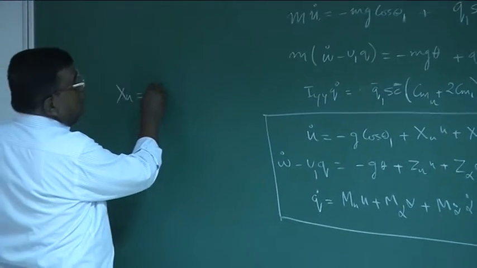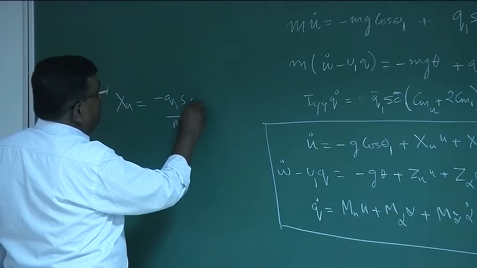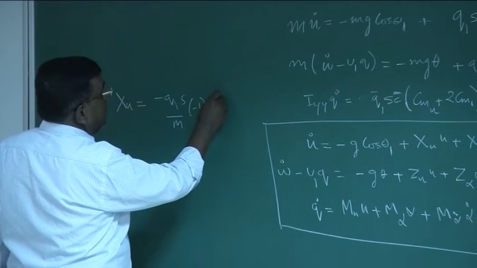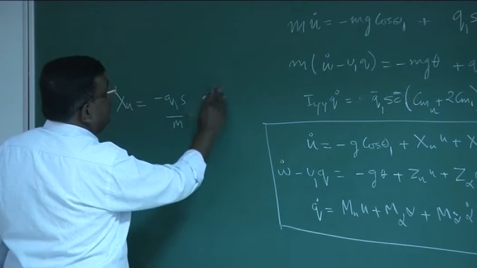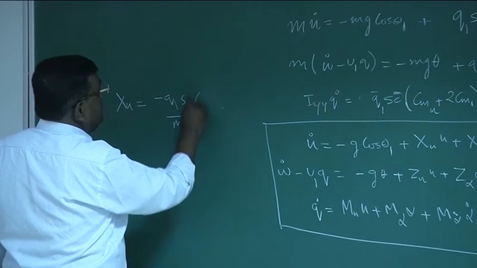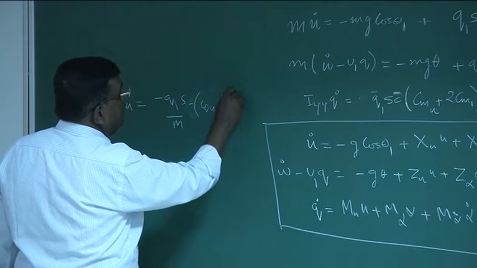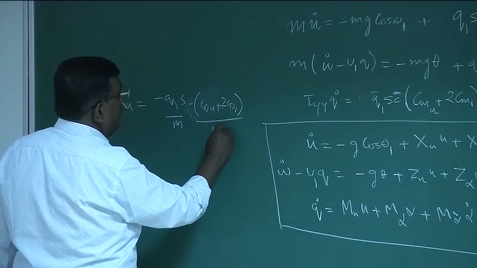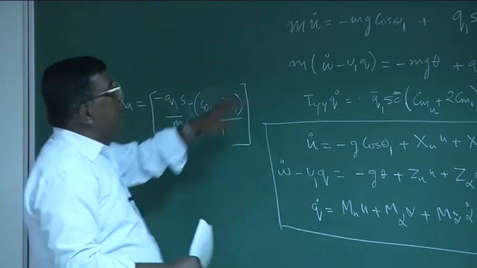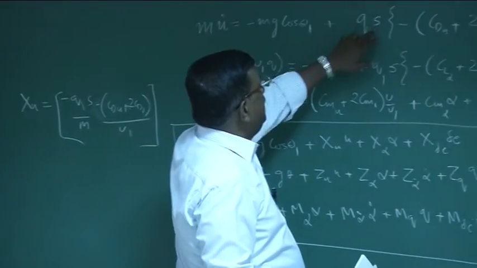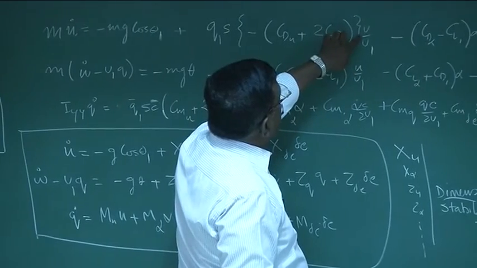So u1 will come. Xu will be, very simply, which we have shown last time also, minus q1s by m into minus 1 into cdu, or let me write it like this, q1s minus cdu plus 2cd1, divided by u1. That will be xu, because if I divide by m here, I get u1 by m minus this bracket term into u by u1.